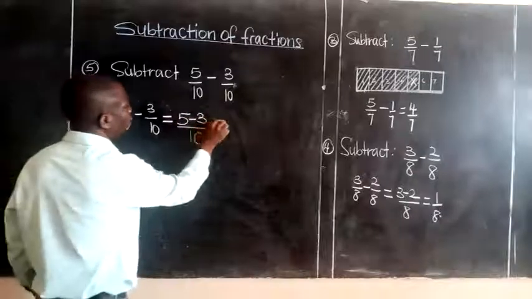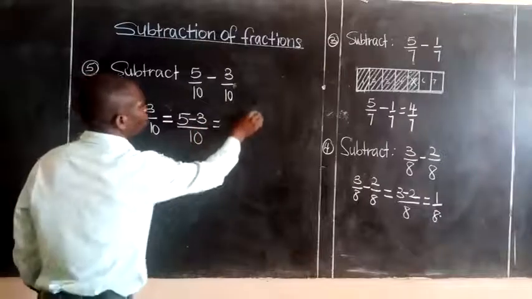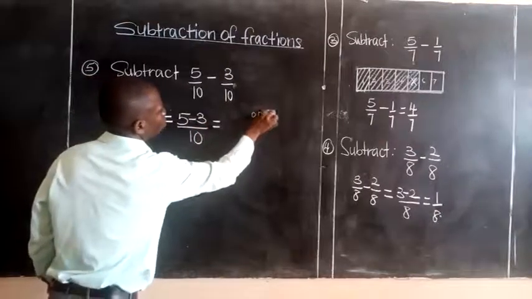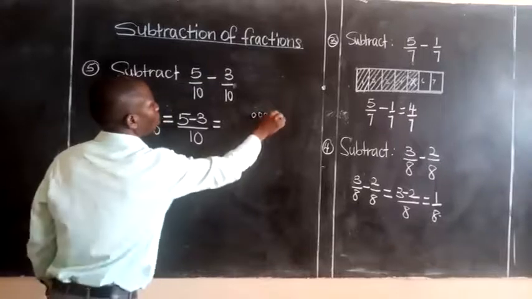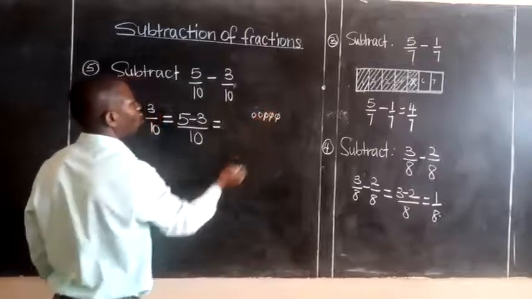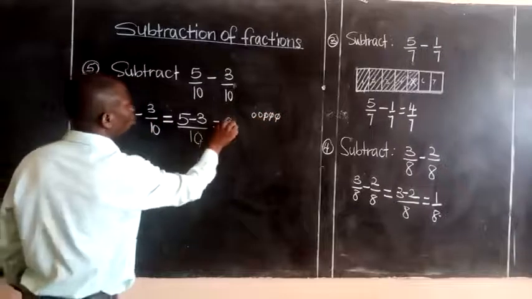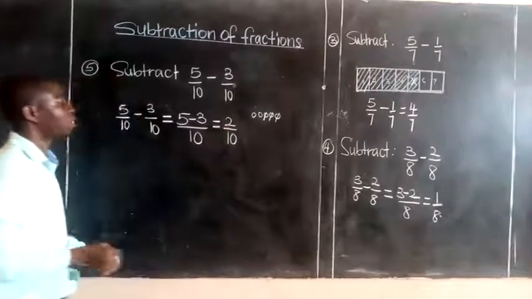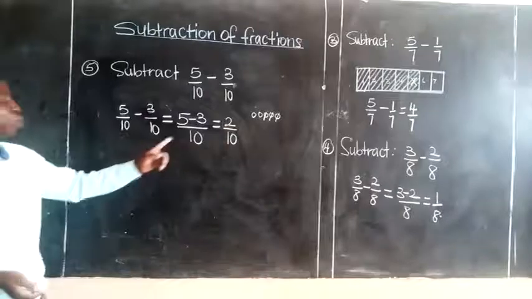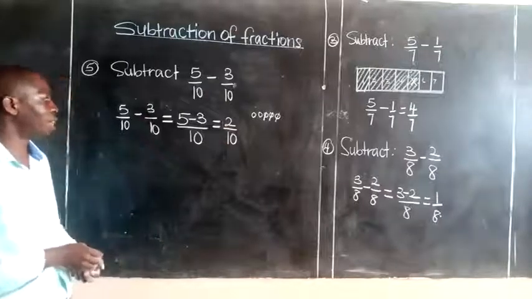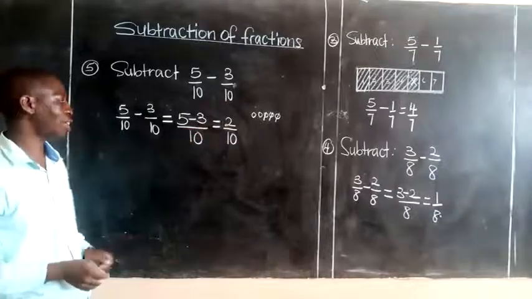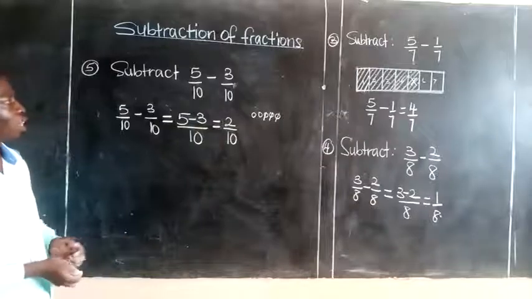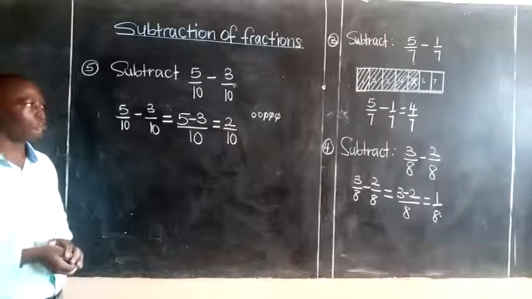We have 1, 2, 3, 4, 5, and we are taking away 3. So we are remaining with 2. So it is 2 out of 10, or still better, 2/10.